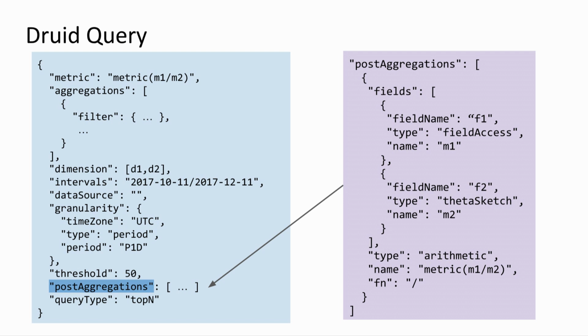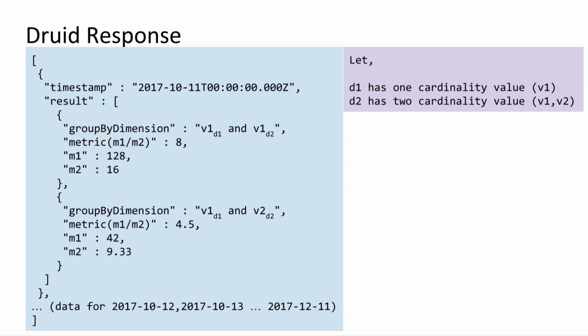After this, we get the Druid response. This is the example Druid response for that particular query. I have put only one data point for the response, because I cannot show the whole response here. Let's say D1 and D2 are the group by dimensions we had in the query, and we have one cardinality value for D1 and two cardinality values for D2.